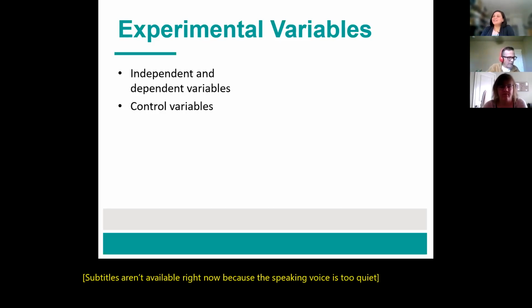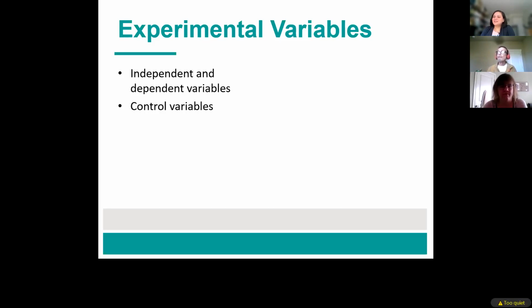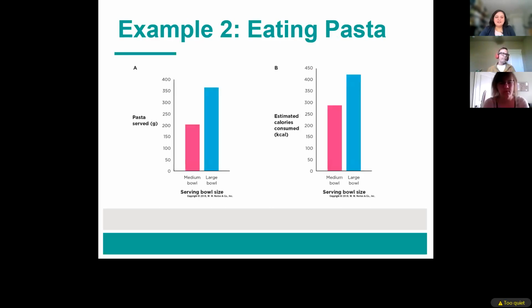I just went over a lot of stuff, but the independent variable is the size of the bowls. Two different size bowls, and participants are assigned one bowl or the other bowl. They go in and they get served, and so the dependent variable is how much they serve themselves.